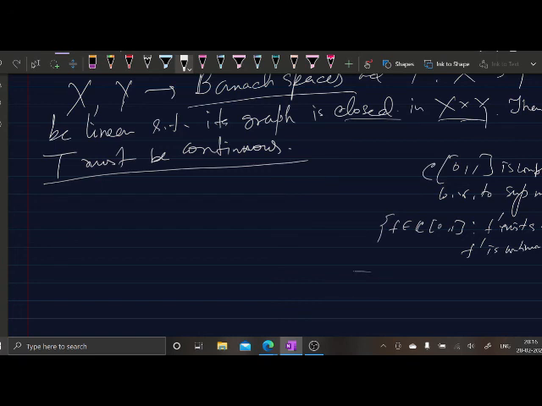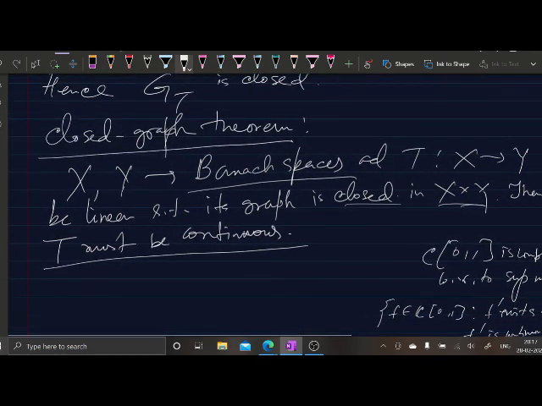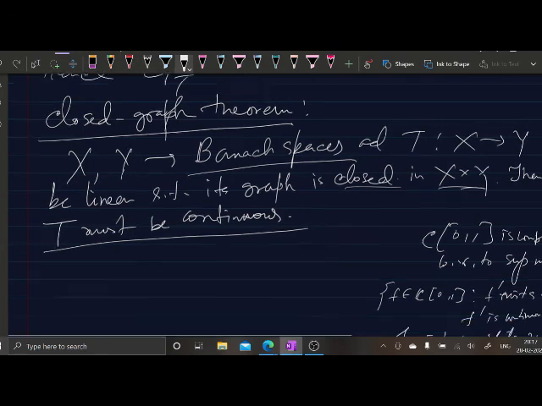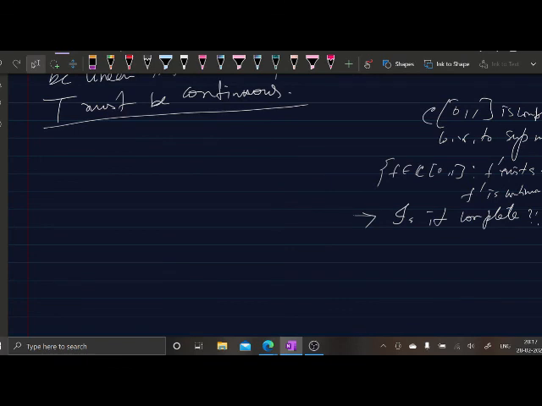So the question is, is it complete? If it were complete, then through this closed graph theorem you could say that T must be continuous. But in our case, the T that has been defined from this space to C[0,1] was not continuous. So therefore, you can say that this space is not a complete space.